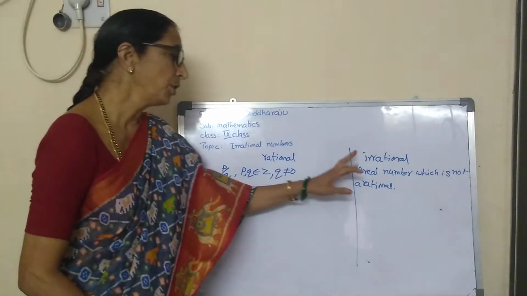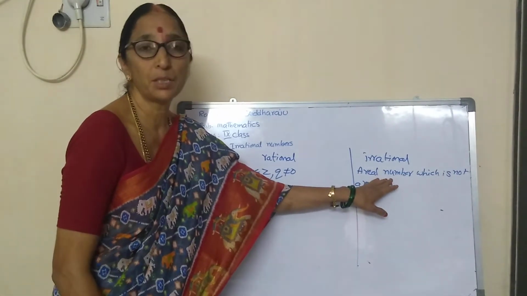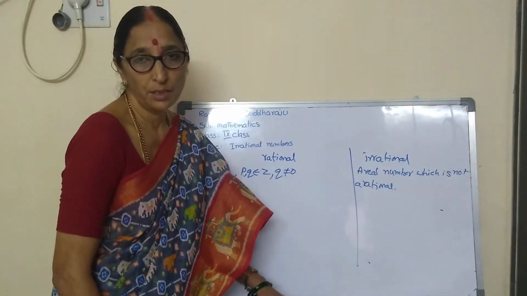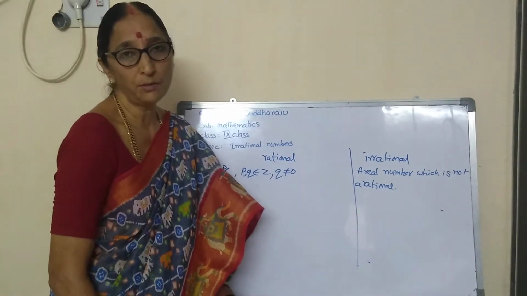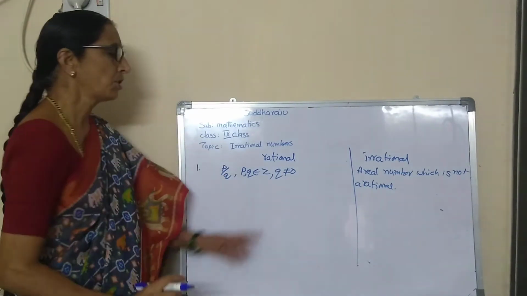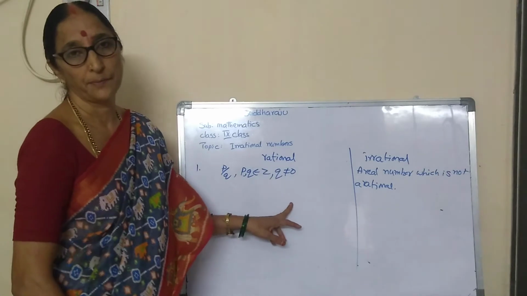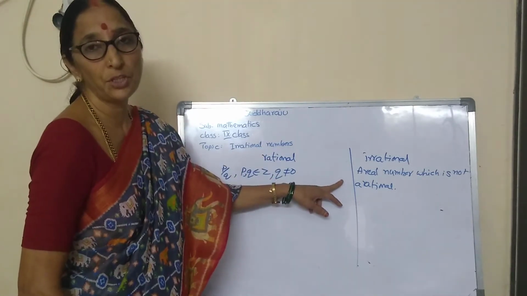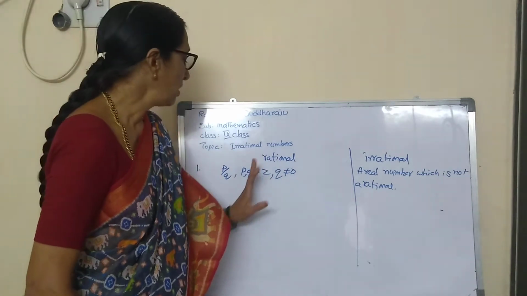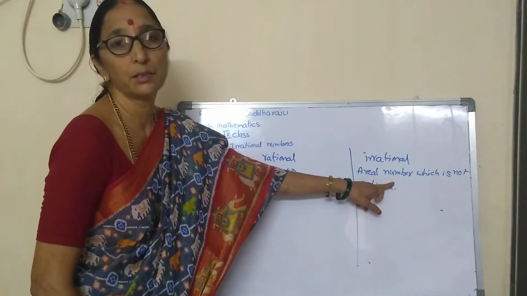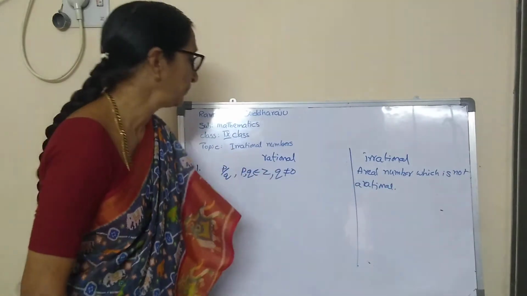It means we cannot write an irrational number in the form of p by q, where p, q belong to Z and q is not equal to 0. So this is the first difference. By definition, a rational number is in the form of p by q, and an irrational number cannot be written in the form of p by q.